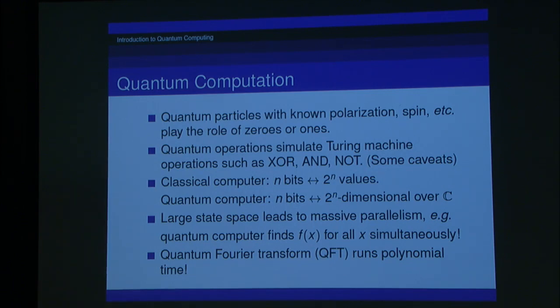So a large state space leads to massive parallelism. For example, when you compute f of x on a Turing machine, you're just doing one value. You put in x and you compute x to the n or something. But on a quantum computer, you can actually compute f of x simultaneously for every x. Another big difference: the quantum Fourier transform runs in polynomial time, whereas classically you need exponential time.